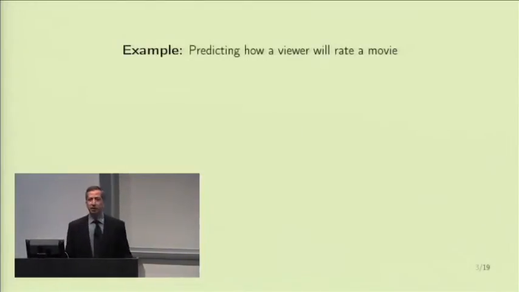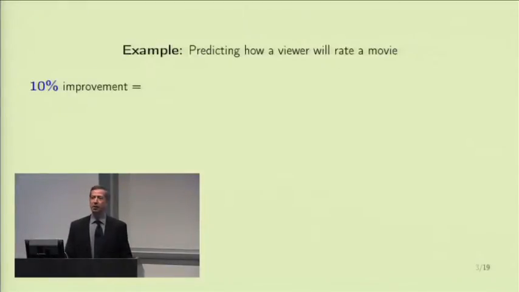The example of machine learning that I'm going to start with is how a viewer would rate a movie. Okay? Now, that is an interesting problem, and it's interesting for us because we watch movies, very interesting for a company that rents out movies. And indeed, a company, which is Netflix, wanted to improve the in-house system by a mere 10%.